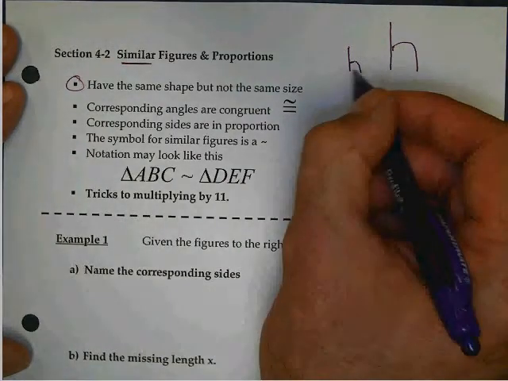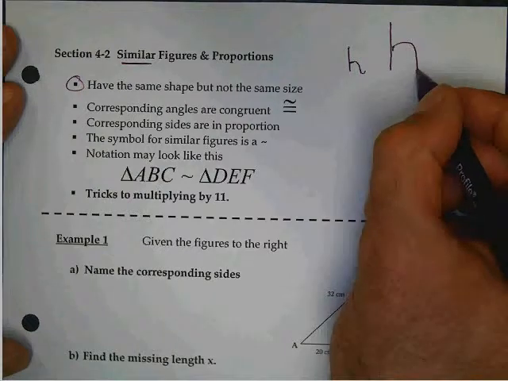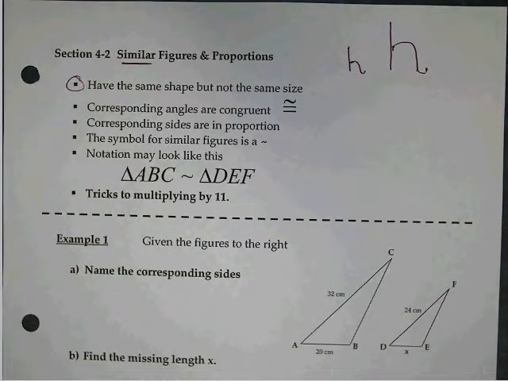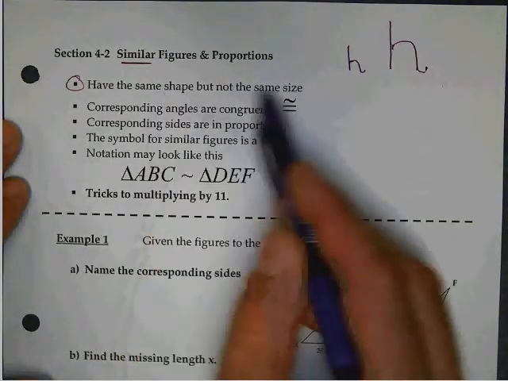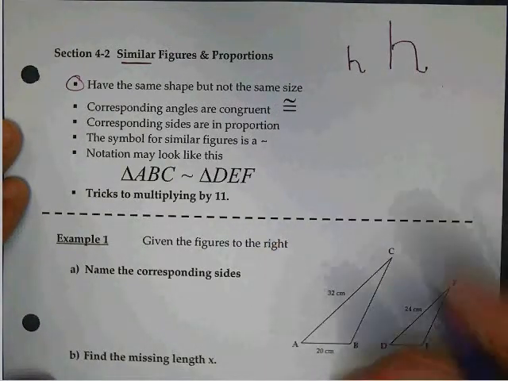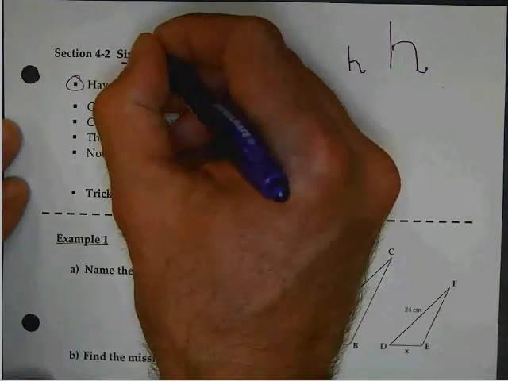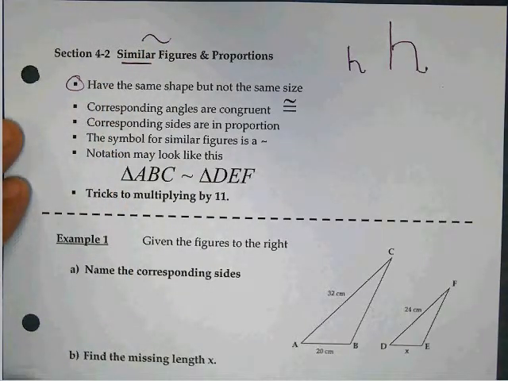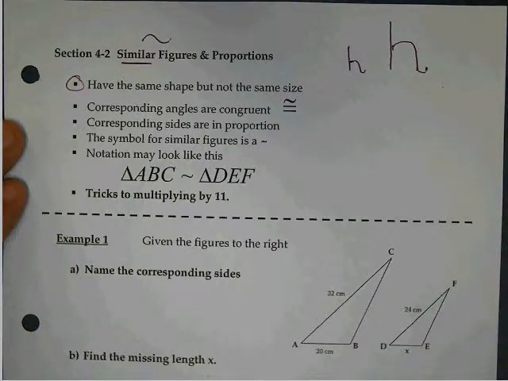Now, if this H down here has a little curly at the bottom, then this one would have a little bit bigger curly at the bottom. But a similar shape and similar size means congruent. Similar shape, different size is the word similar. Now, there's a symbol for this, and it's a curvy line that looks like that. That's the symbol for similar.